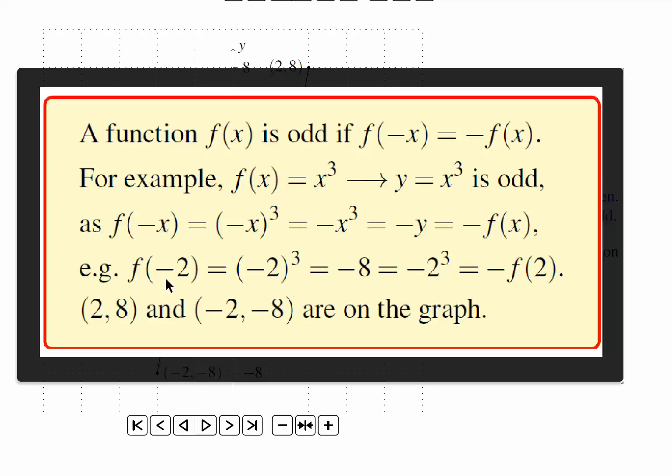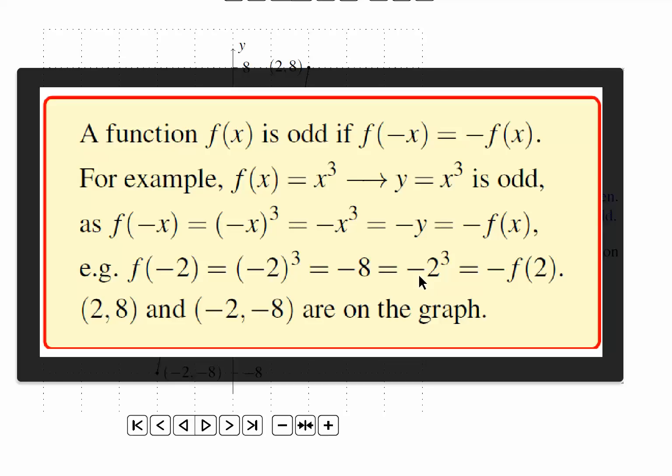And here is just the example. You have a negative 2 plugged in, so negative 2 cubed, which is negative 8, and then 2 cubed means 2 times 2 times 2, 3 times you put negative.